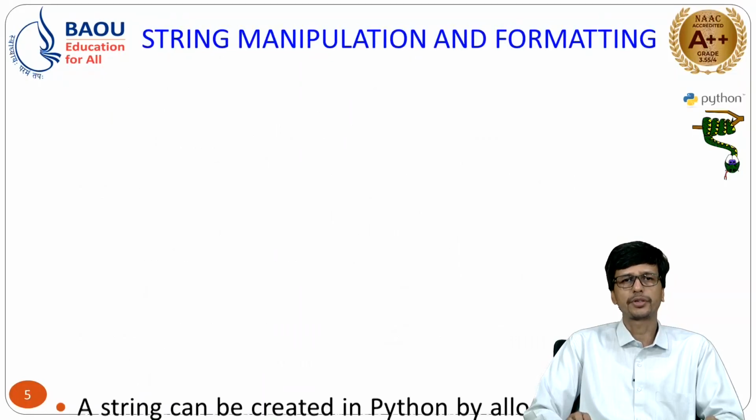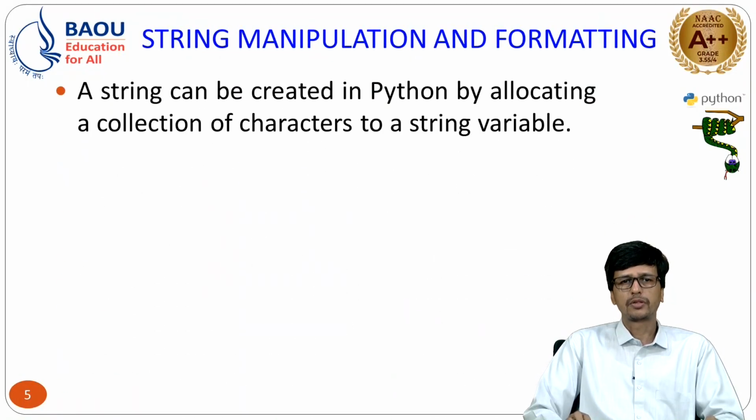Now, string manipulation and formatting. A string is created in Python by assigning a collection of characters to a string variable. As you are already aware, suppose you want to represent any literal value, where a literal may be an integer, float, character, or string. What you do is create one variable on the left-hand side of the equal to sign, and then on the right-hand side you present some value.